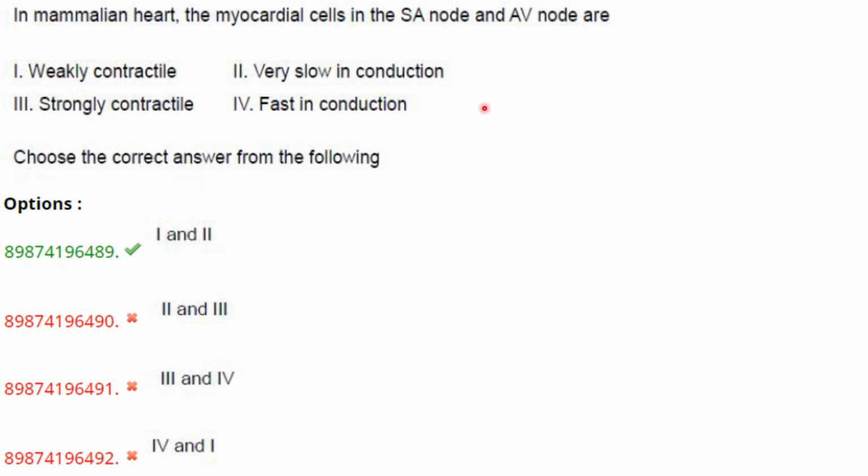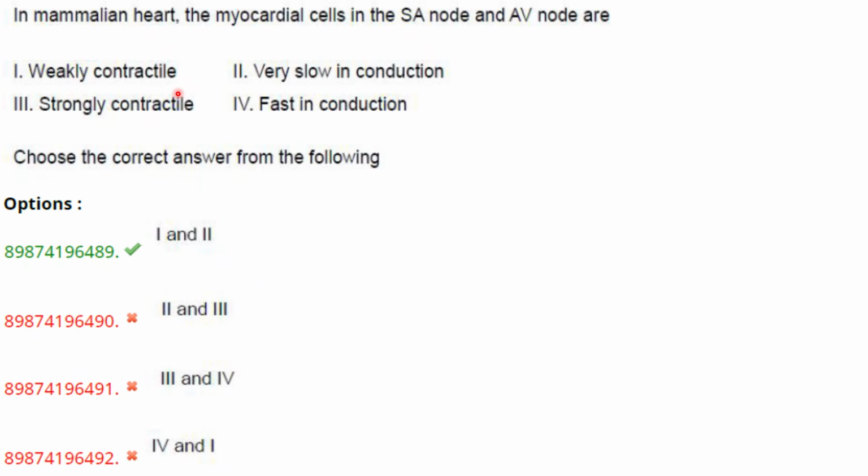and they are not like the typical heart muscles that keep on working and are involved in contraction of the heart muscle, in order to pump blood and everything. But these myocardial cells in the SA and AV node are weakly contractile. They contain only few microfibrils, and their main purpose is to propagate the electric signals. They are not involved in any pumping action of the heart.